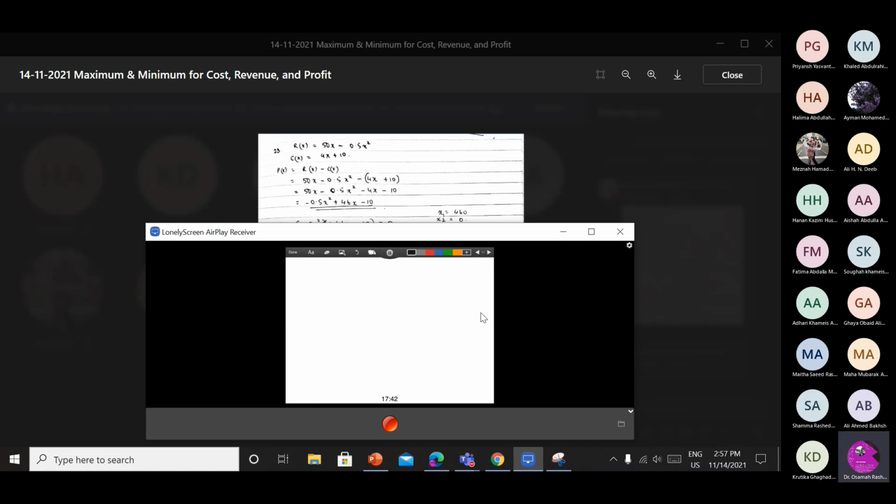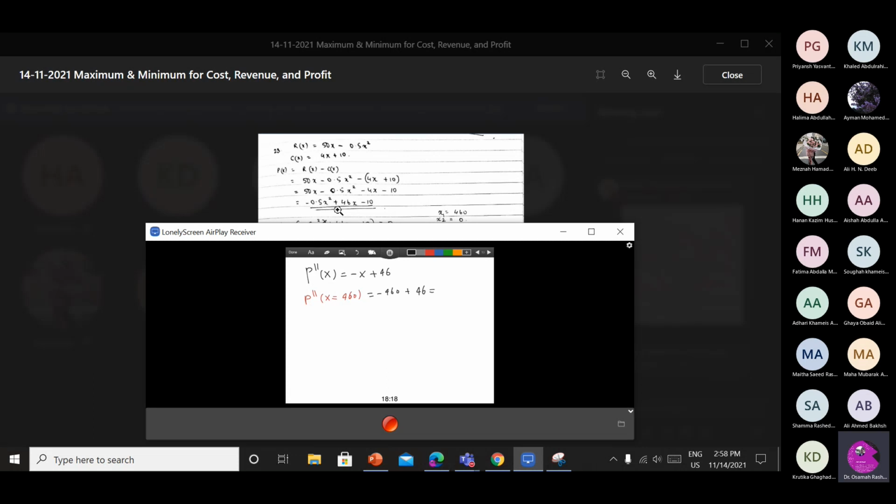Now, what you are going to do, you have the second derivative, b double dash of x. So you differentiate this one. So you have minus 1x plus 46. This is the second derivative. You check b double dash at x equal to 460. To check this one, I have minus 460 plus 46.